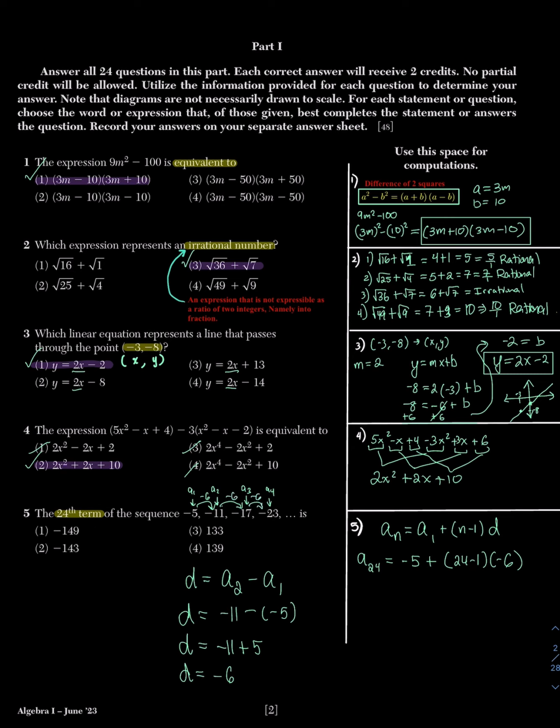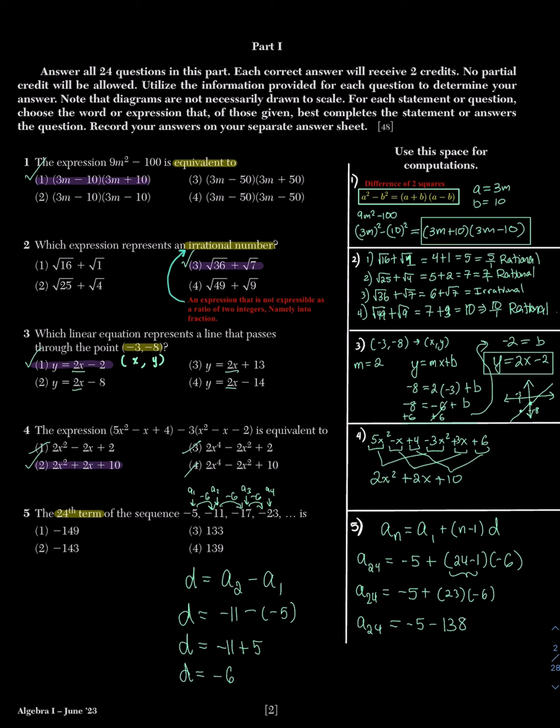This pattern will continue. So if we continue with the arithmetic here, we have negative 5 plus (24 minus 1), which is 23, times negative 6. According to PEMDAS, we have to multiply 23 by negative 6 first before we can add the negative 5. So 23 times negative 6 gives us negative 138.